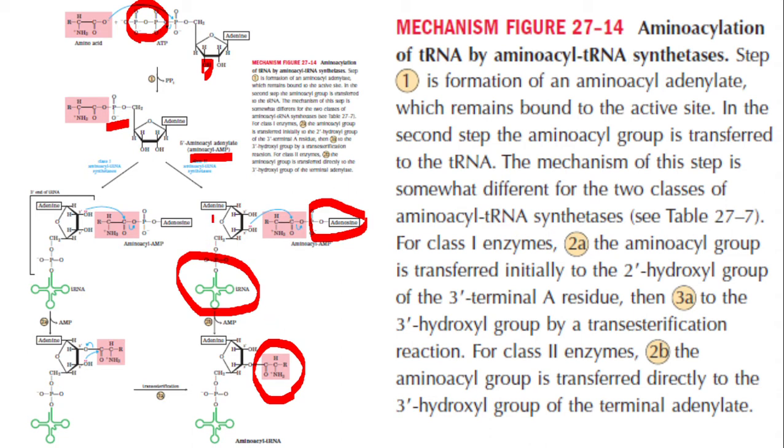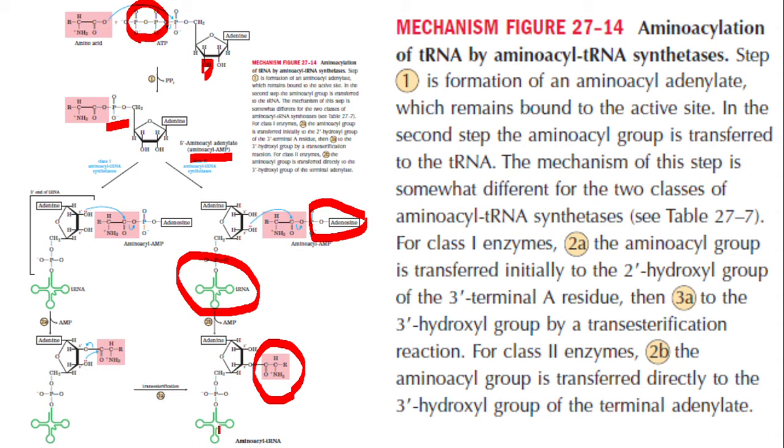Now there is a sugar bearing adenine, and on the carbon number 3 there is amino acid, and here we have the tRNA coupled through a phosphate group. So this is the structure of aminoacyl tRNA. Amino acid, phosphate, sugar, adenine. This is the structure of aminoacyl tRNA.